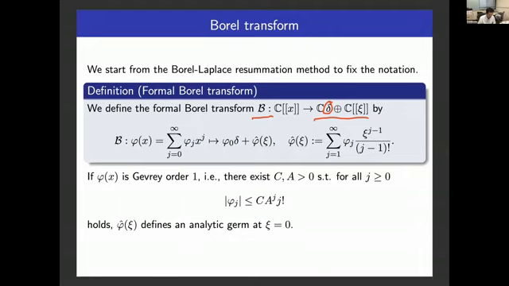Delta is a unit, and it corresponds to 1 in the formal series C[[x]], corresponding to the constant of the formal series.